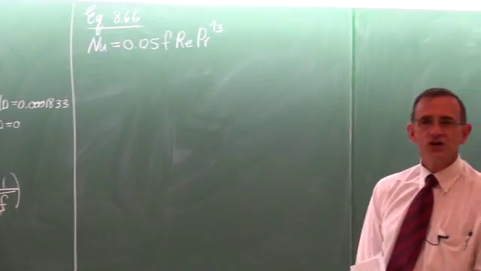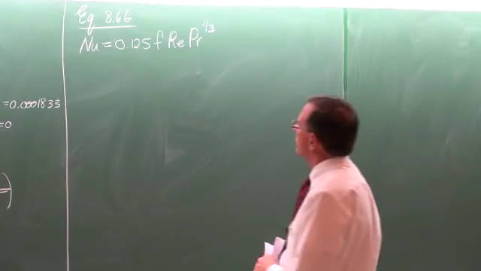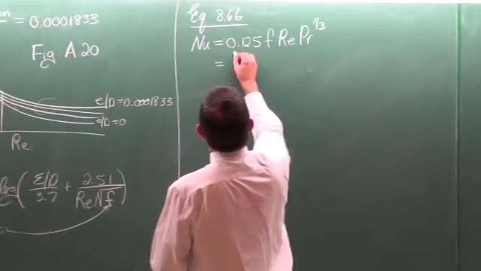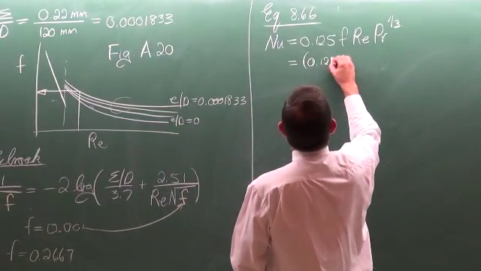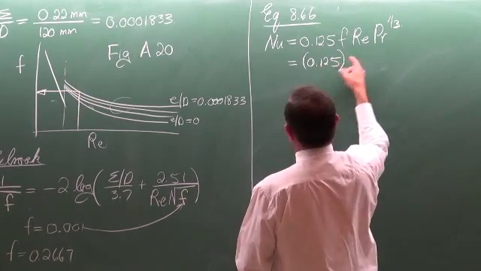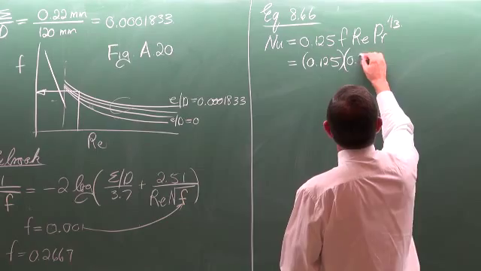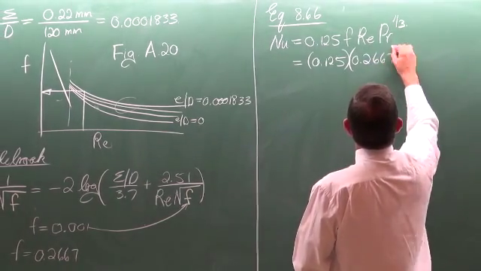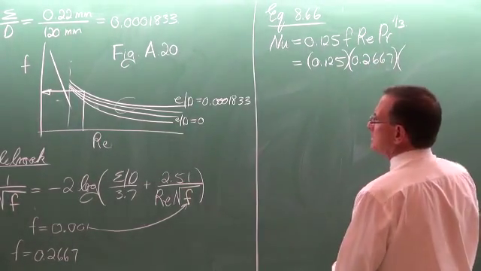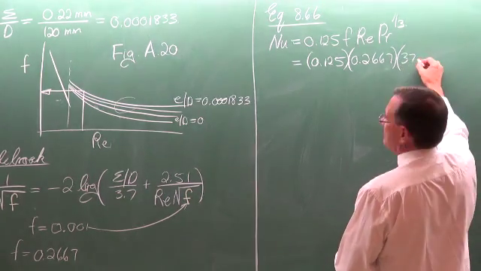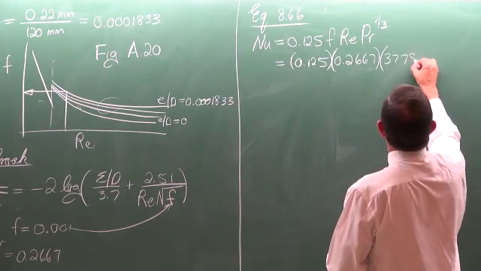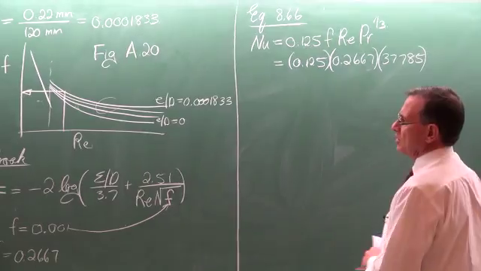Very, very simple equation. 0.125 multiplied by the friction factor, which we have just now calculated, 0.2667, multiplied by the Reynolds number, which is 37,785, multiplied by the Prandtl number.